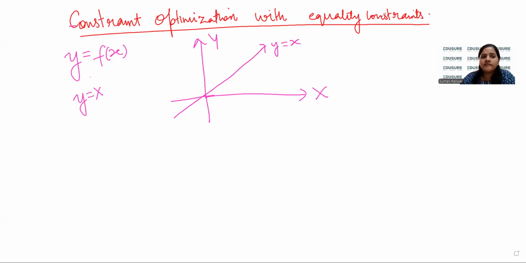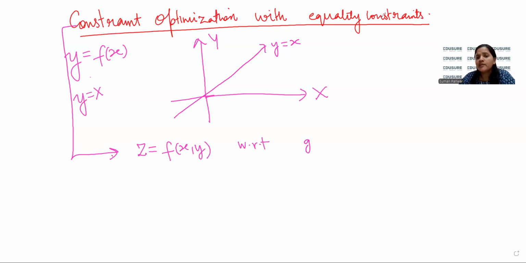Here, we have constraint optimization of a function of two variables. So z will be a function of two variables with respect to an equality constraint like this, g(x,y) is a constant. So here I will be having an expression in two variables, for example, x plus y equals 3.